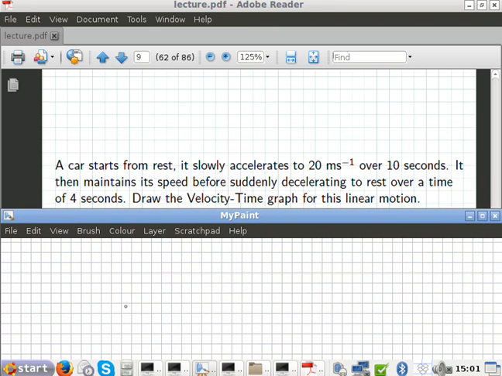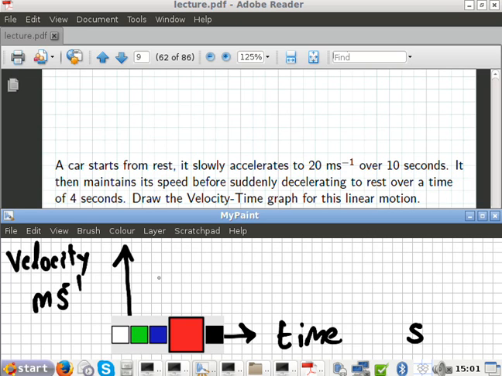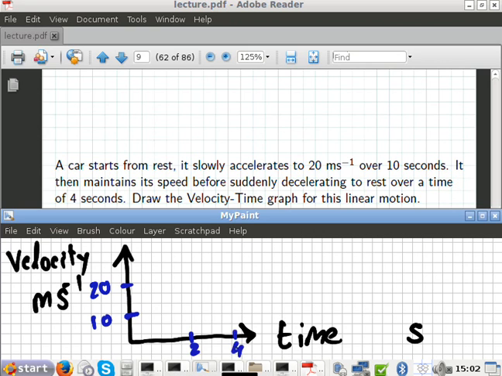So it says here, the car, well, let me first draw the X and the Y. This one here is time, and this one here is velocity. And the unit is meters per second, and the unit here is seconds. So let's say this is 10, and this is 20, and this is 2, and this is 4.